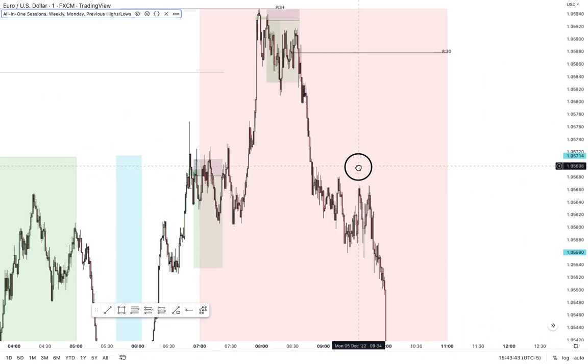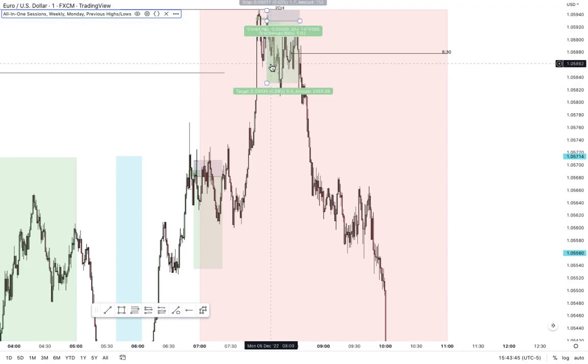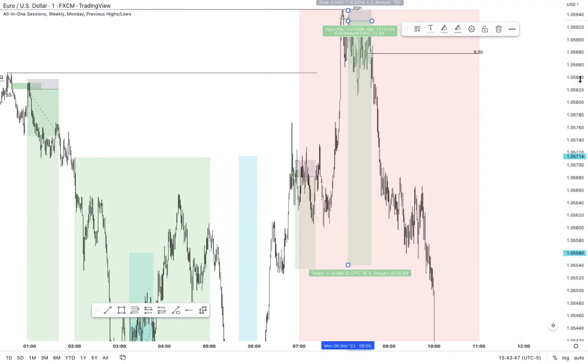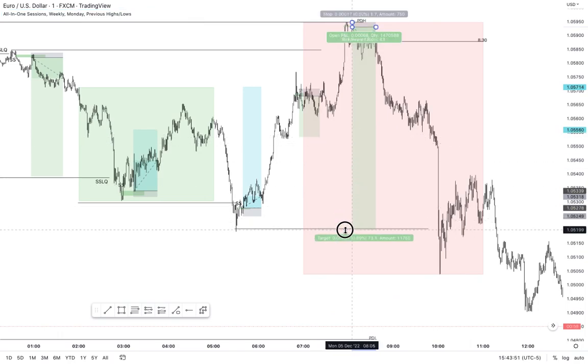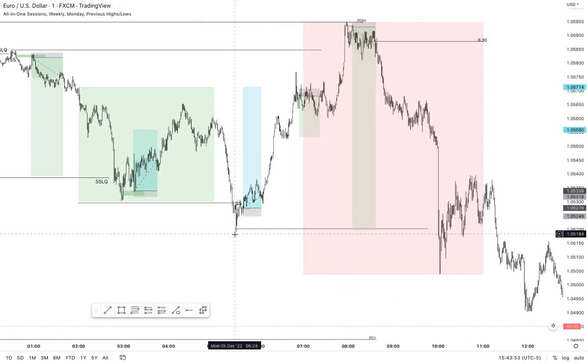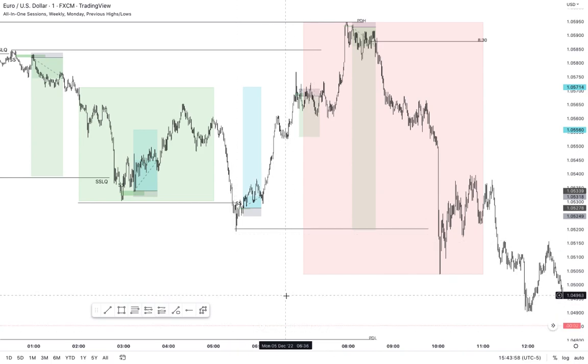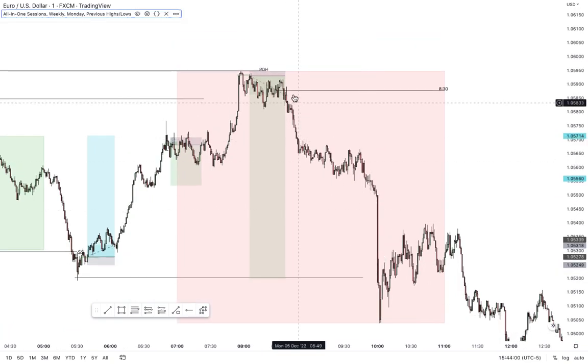And after that we had our BPR entry. Now your target would be the daily low created that day. This was the last low that we created on that particular day, it was 5 December, today's trade.